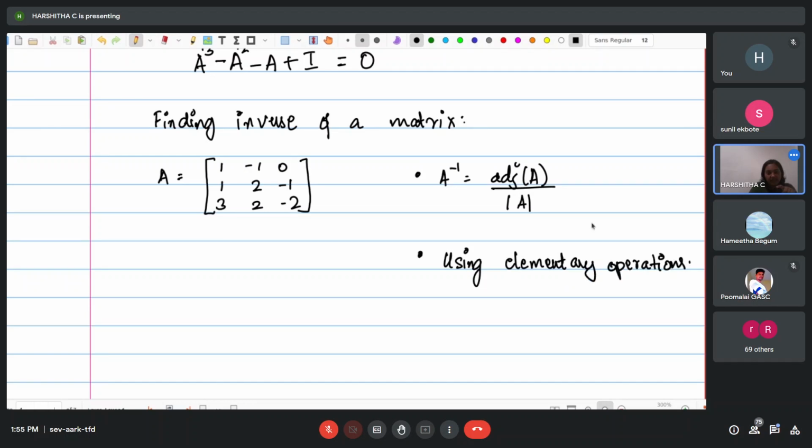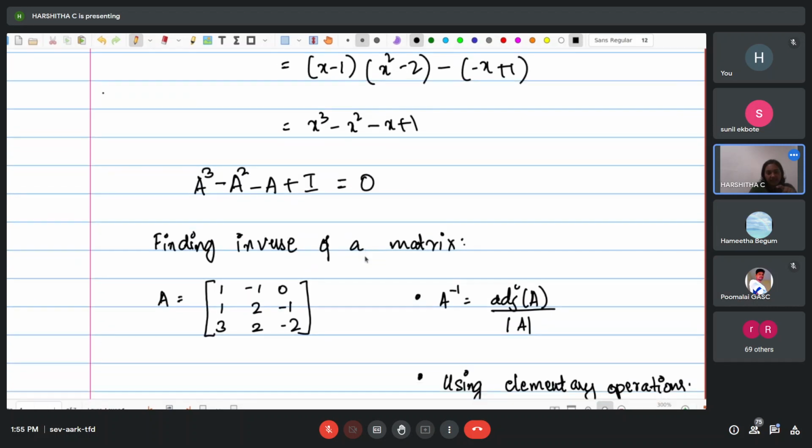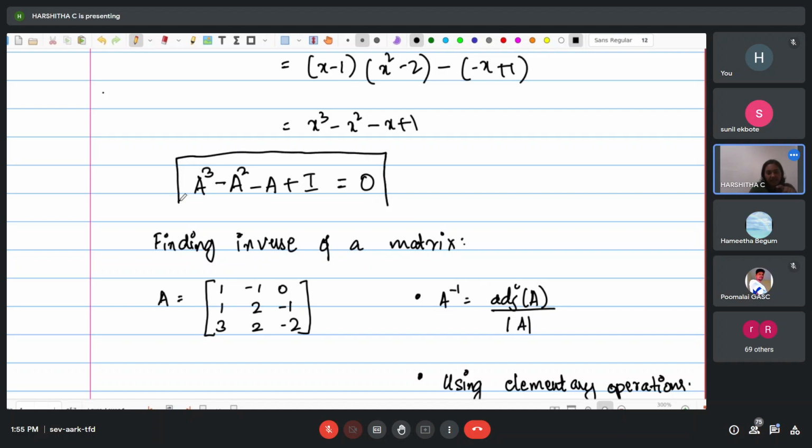Okay. So apart from these two, just looking at this, can you tell what is the inverse of the matrix? We have computed the characteristic polynomial, and we have got that the matrix A satisfies the characteristic polynomial.